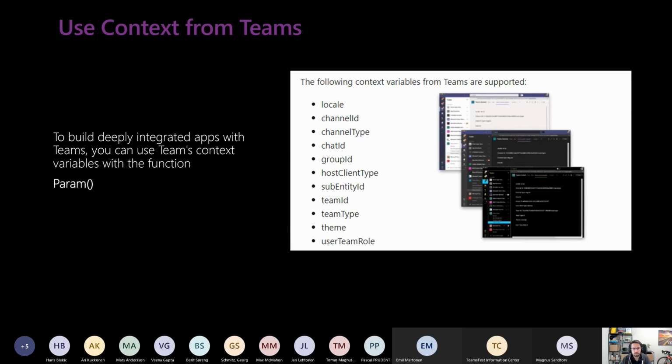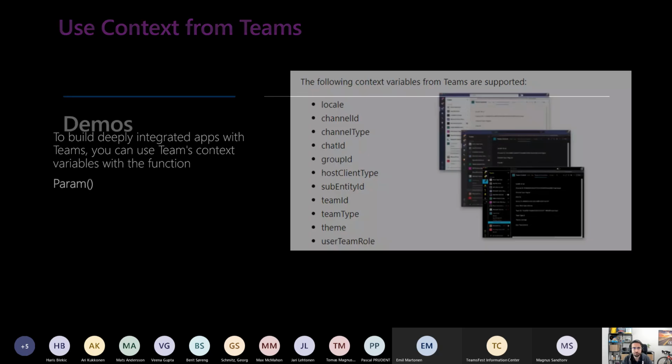So there are two different ways. First is to use the Teams object, and the second is to use the Param function to get some parameters from Teams. So let me show a simple demo.